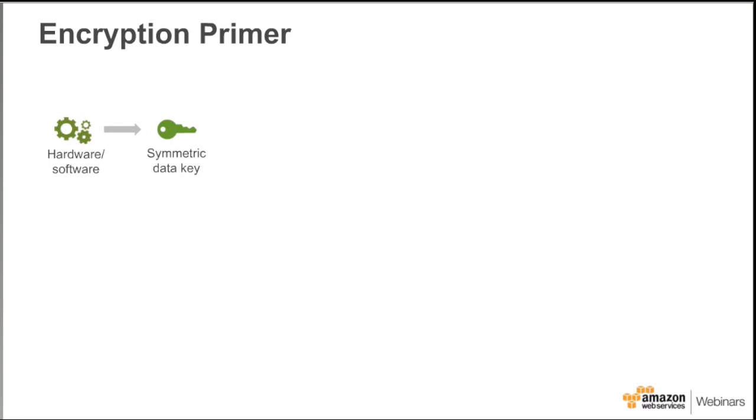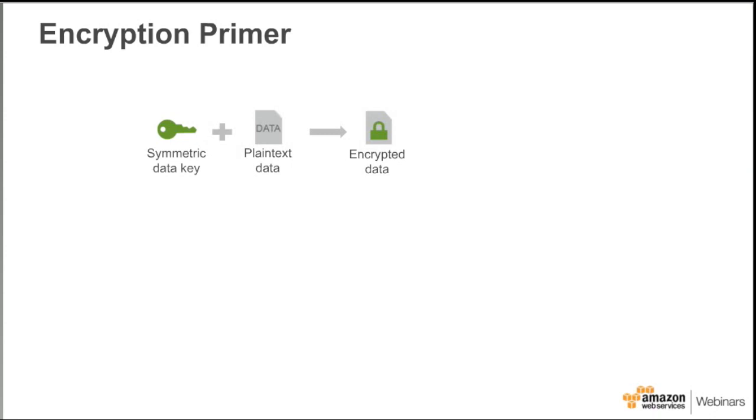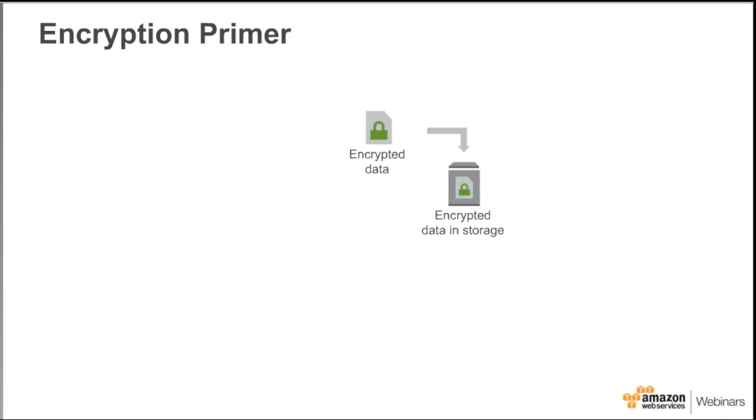I can now combine that key with my plain text data, file, image, database field, it doesn't matter what it is, and I produce encrypted data. Now this encrypted data can be stored anywhere because the security of the data is now a function of the encryption applied to that data.